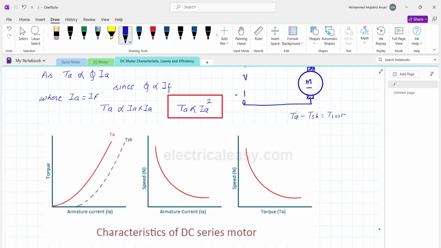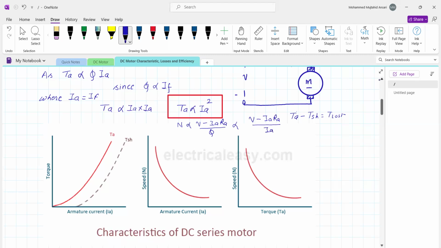Now similarly, as speed is directly proportional to back EMF, speed is directly proportional to V minus IARA divided by the flux, or it is the shunt field. Here we can write speed is directly proportional to V minus IARA divided by the armature current.